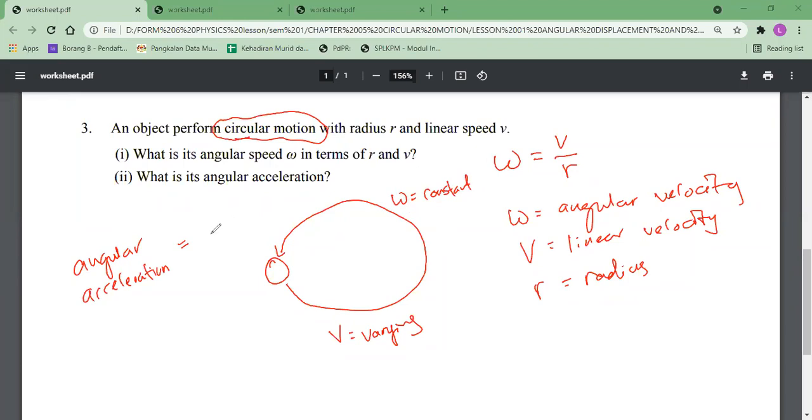That means that there will be no angular acceleration. So angular acceleration is equal to 0, because the angular velocity is constant. Okay, get it? Now let's go to the next question.